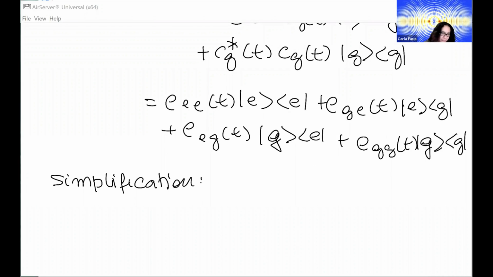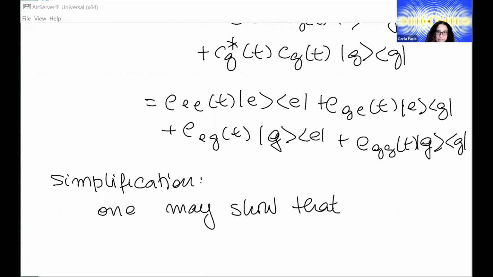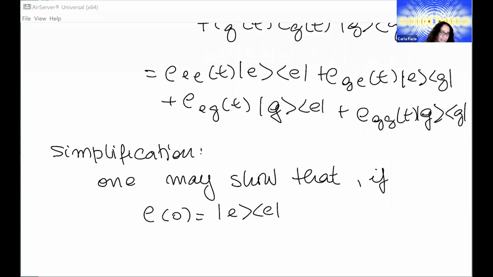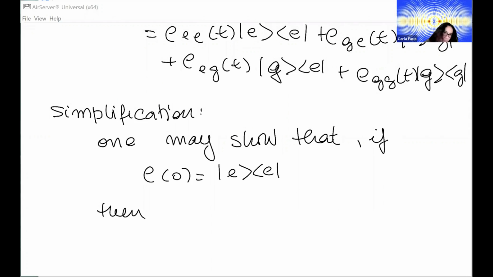Namely, if the initial state is like this, a projector onto the excited state, then ρ_EG(t) is going to be equal to ρ_GE(t), which is going to be equal to 0.